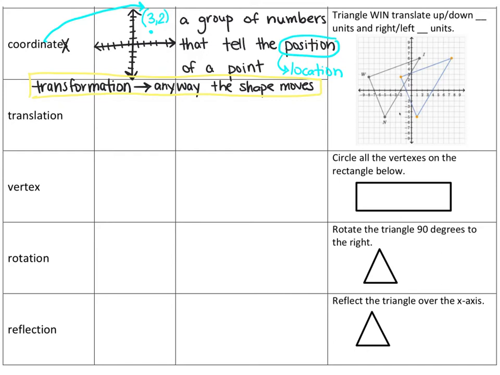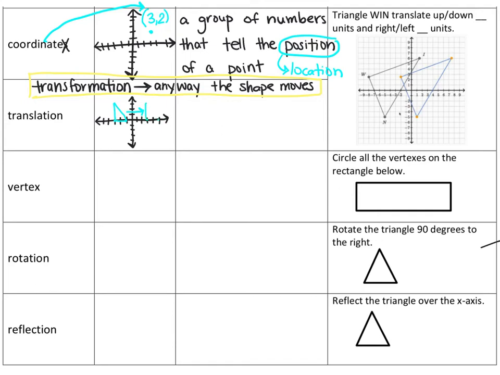Alright, translation though is when a shape slides to another place on the coordinate grid. So here we're going to draw a coordinate grid, and then we're going to draw a shape on it. Here's my triangle, and the triangle is going to slide to another position.